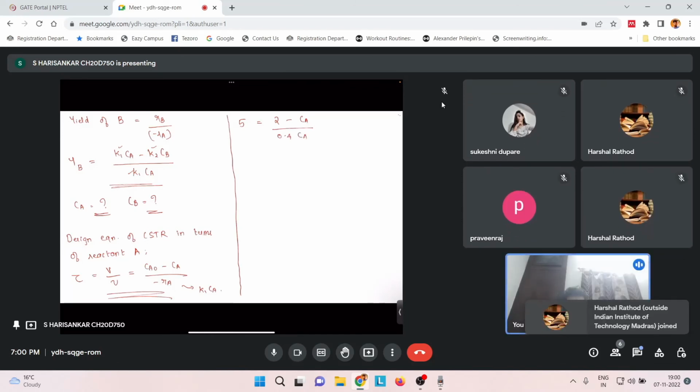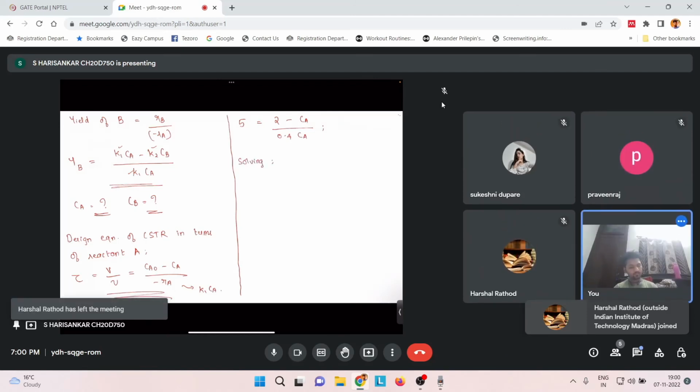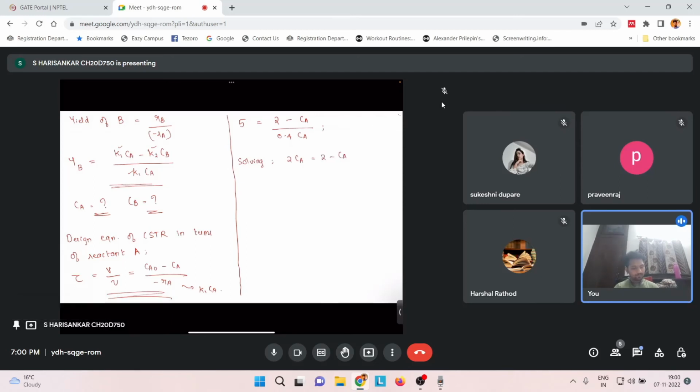Now if we solve this, we'll get 2 Ca is equal to 2 minus Ca, or basically Ca will be 2 by 3, and that will be 0.667 mole per liter. So this is the value for Ca.